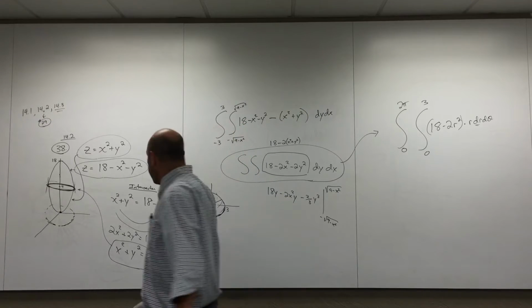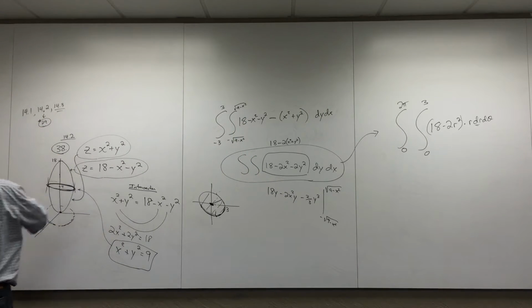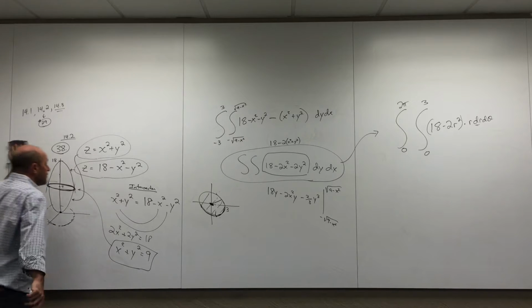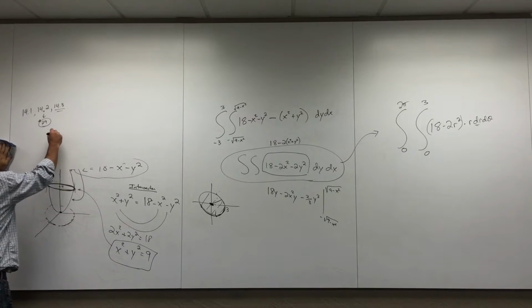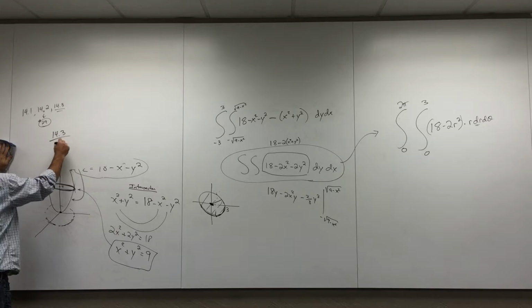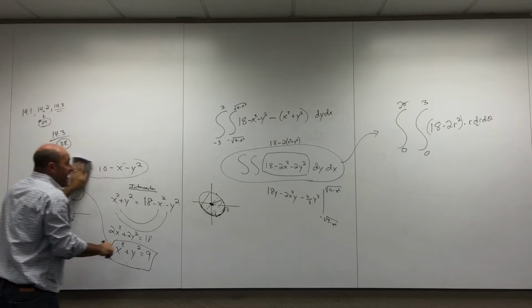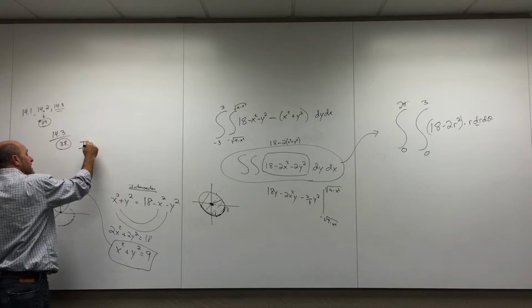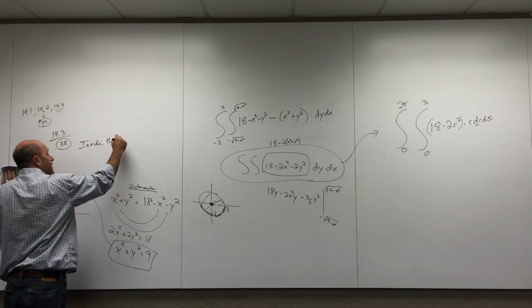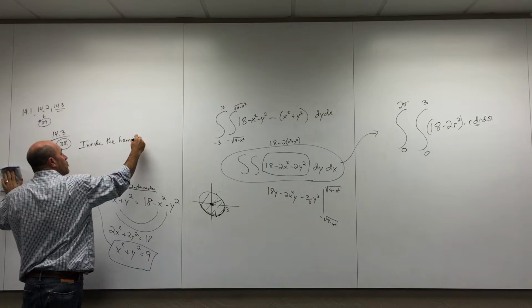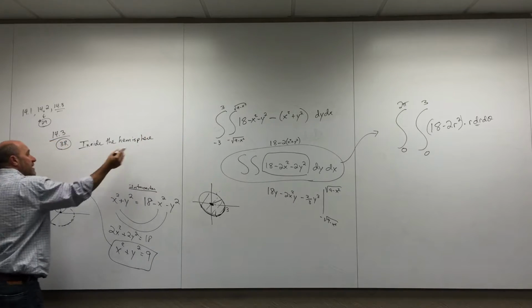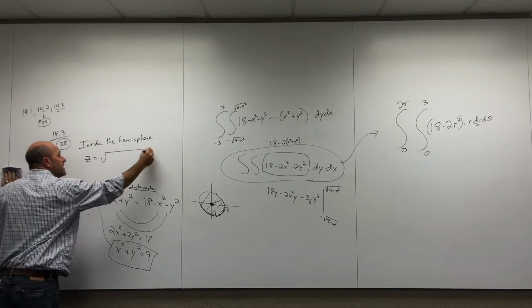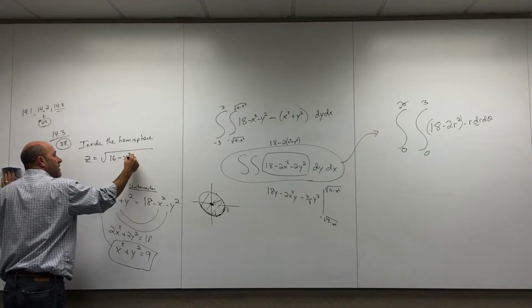All right, number 38. Again, another number 38. I'm up in 14.3 now. Moving up to 14.3, number 38. The question says, find the volume of the solid inside the hemisphere. So it's nice of them to use some words and tell me what's going on. The hemisphere is z equals 16 minus x squared minus y squared.